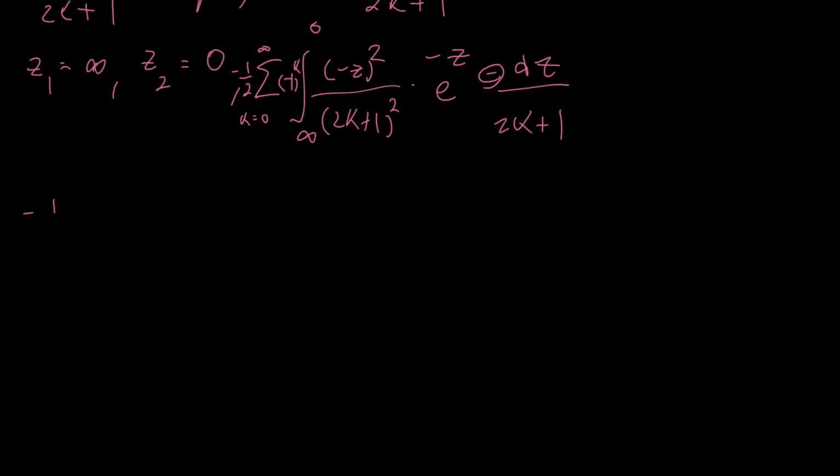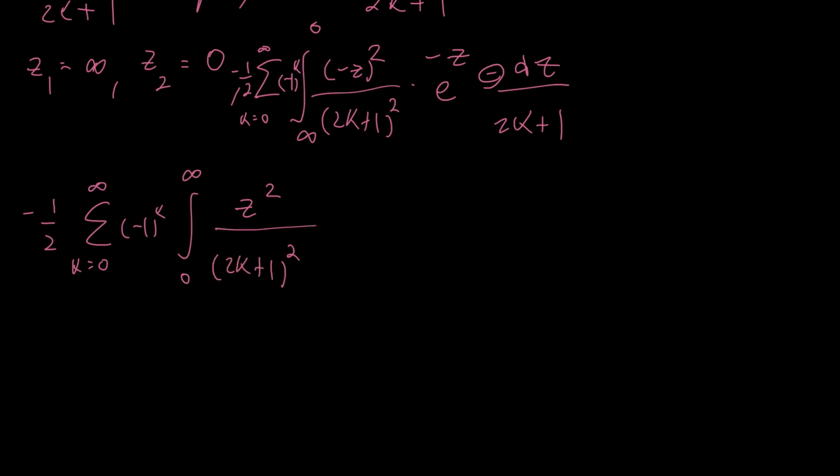So we're going to have negative a half, sum from 0 to infinity, negative 1 to the k, and the integral from 0 to infinity of z squared divided by 2k plus 1 quantity squared e to the minus z dz divided by 2k plus 1.